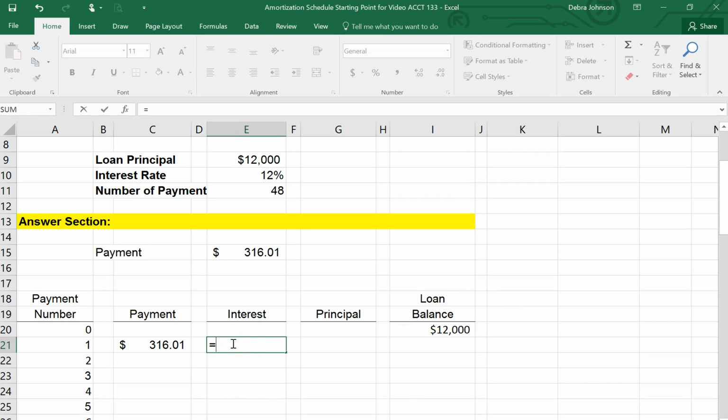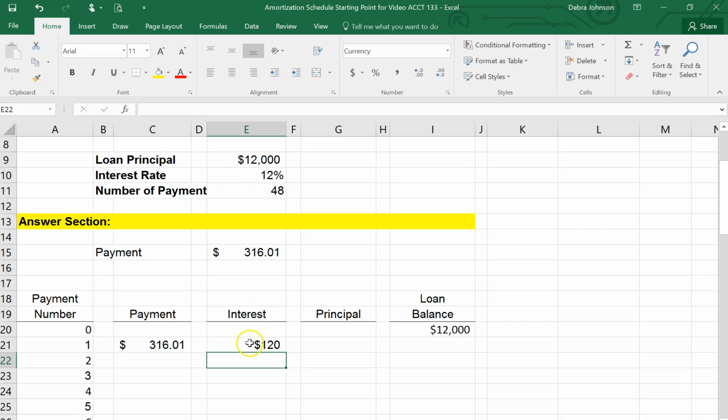Remember that interest is the principal here times the rate, which is static and not changing, times the time, which is 1/12. Since the 12% isn't changing, I'm going to once again hit my F4 key, and then I'll multiply by 1/12 because we're making monthly payments.